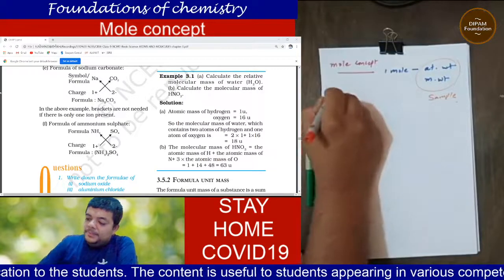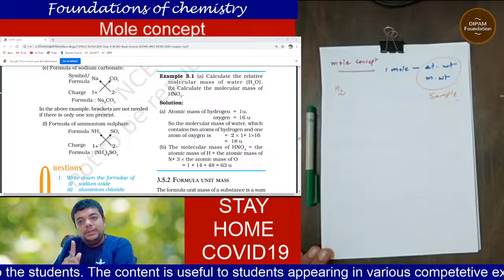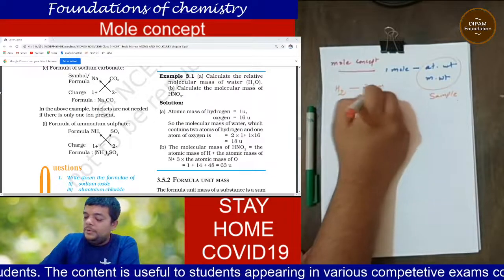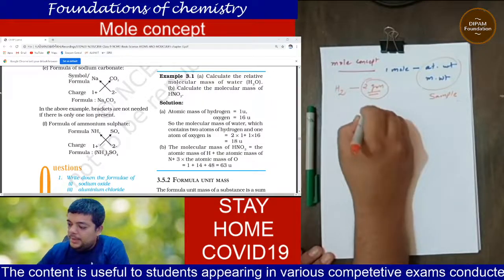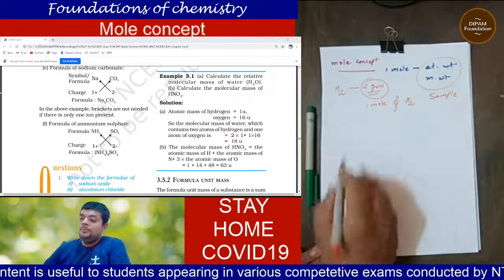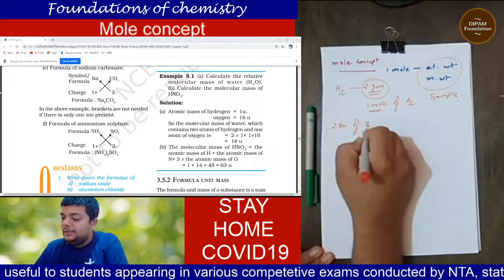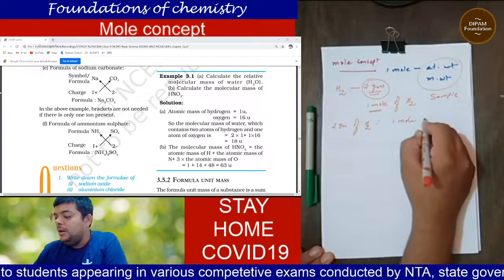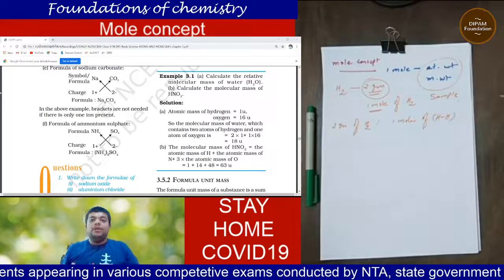If I say H2, then we know that 1 hydrogen is equal to 1 gram, so 2 hydrogen will be equal to 2 gram. So this sample will be 2 gram, and this 2 gram equals 1 mole of H2, meaning 2 gram of H2 will contain 1 mole of H-H kind of molecule.